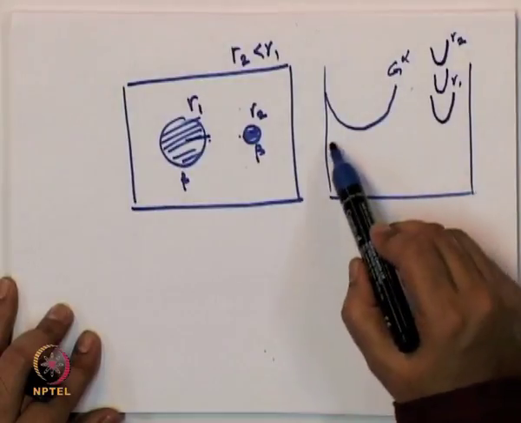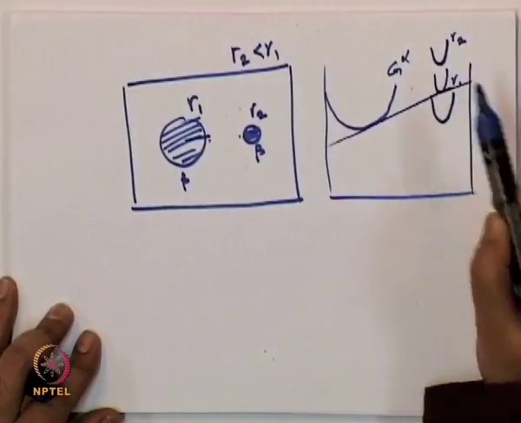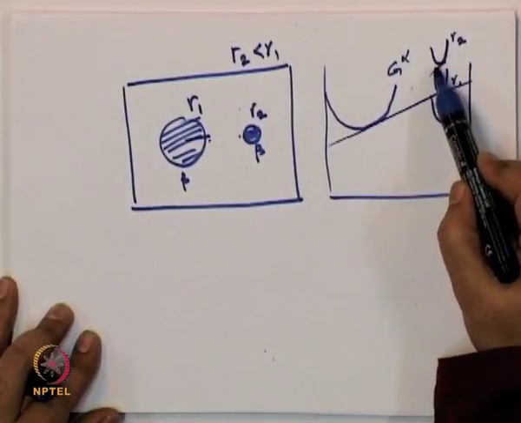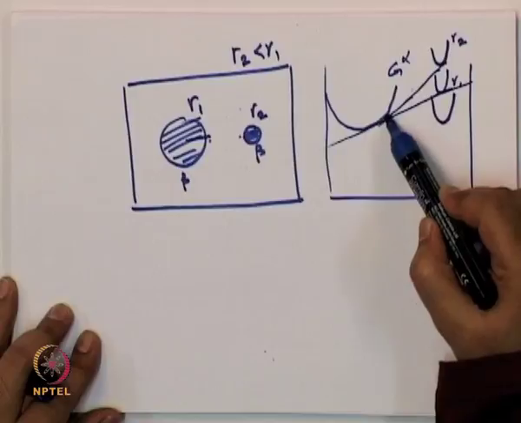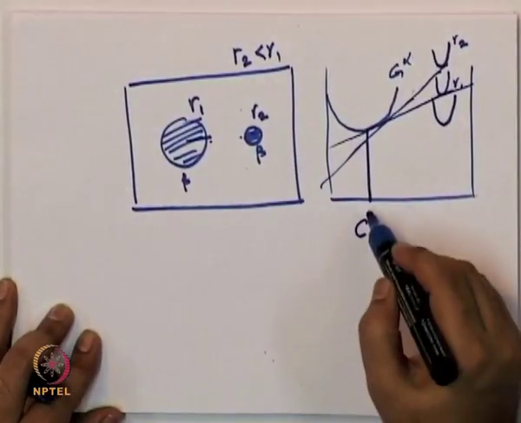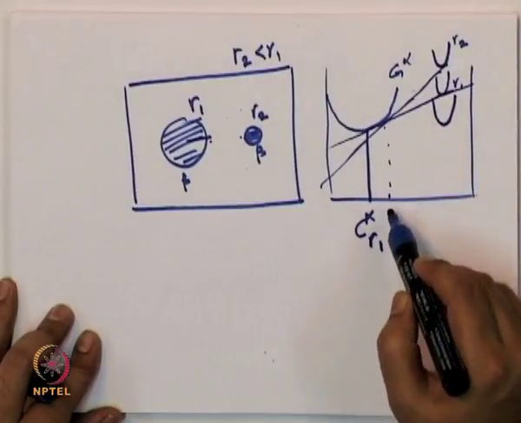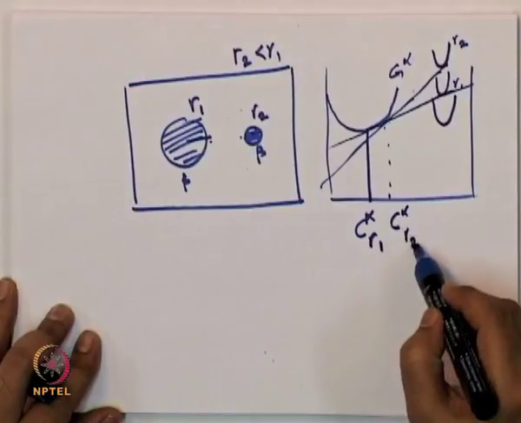So, if you now draw the common tangent between the two phases, okay, this is C alpha for R1 and this is C alpha for R2.